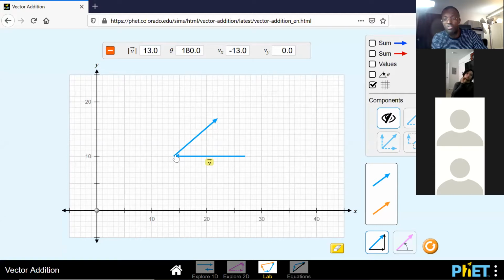So if you want 210 degrees, because it's an angle of the third quadrant, it would be about here. 210, so that's 30 degrees, 180 plus 30. I can get it, but it's somewhere here. That's an angle of the third quadrant.